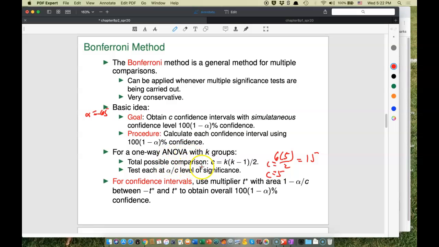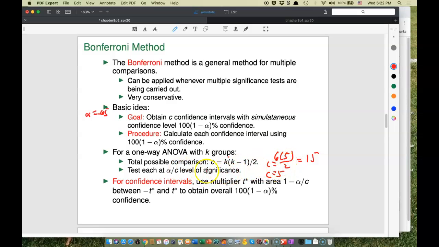You may be just trying to compare everything with everything, and the formula for that is to take the number of groups, k, times k minus 1, over 2. That's one of those annoying formulas that Gauss discovered when he was like 5 years old or something. But it's a very useful formula for figuring out how many pairs you can get from k items. So that would be 15.